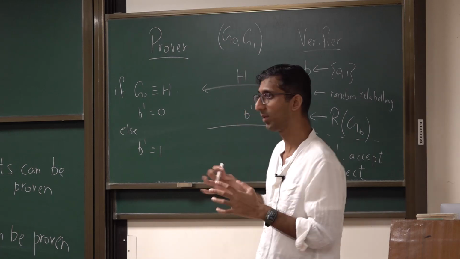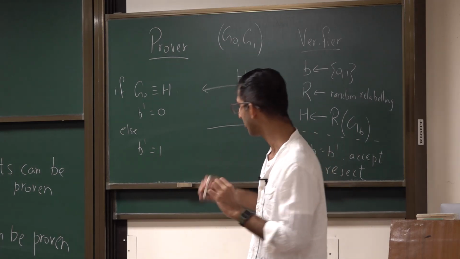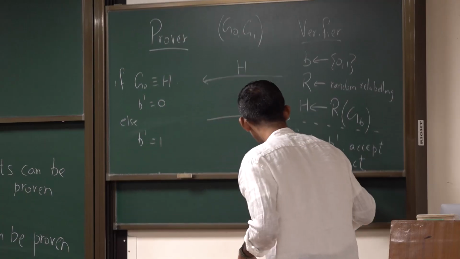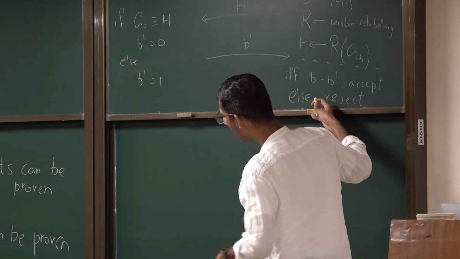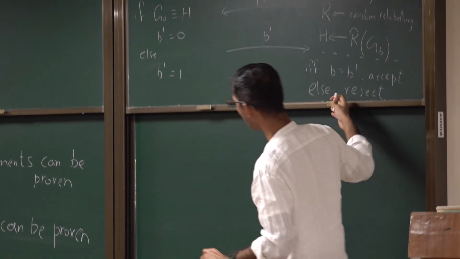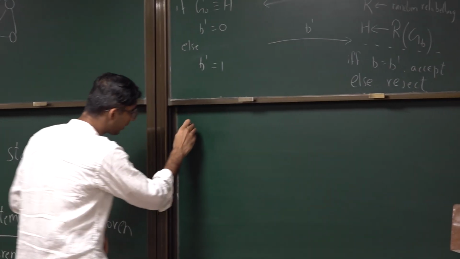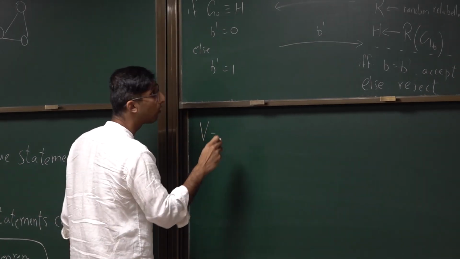That is what we would like from the system. So let's talk about that now. Again, I'm going to ask for these completeness and soundness properties, but let me start by writing down what we discussed earlier.